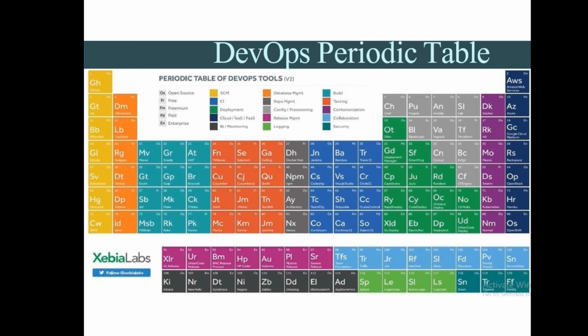And for binary files, there is a tool called Artifactory, that's JFrog Artifactory. We will see JFrog Artifactory for pushing and pulling the binary files. At the same time, we can have Docker Hub for pushing and pulling the containers. We are going to concentrate on these two in our curriculum.